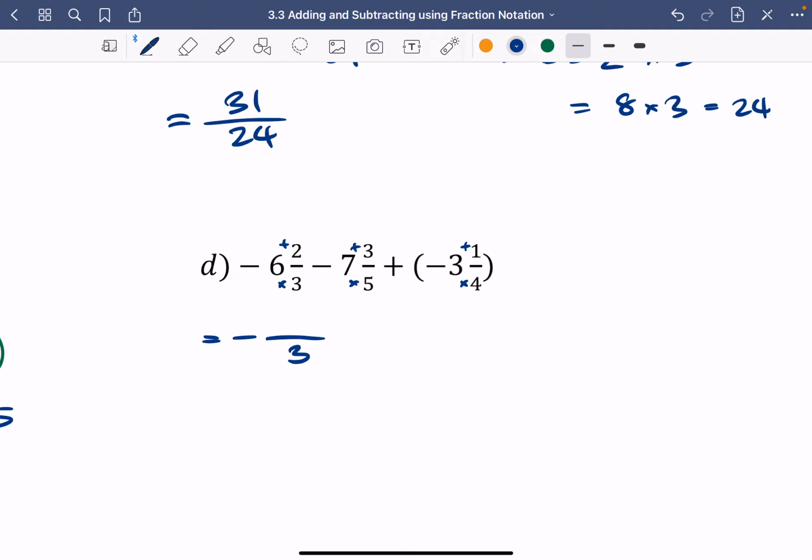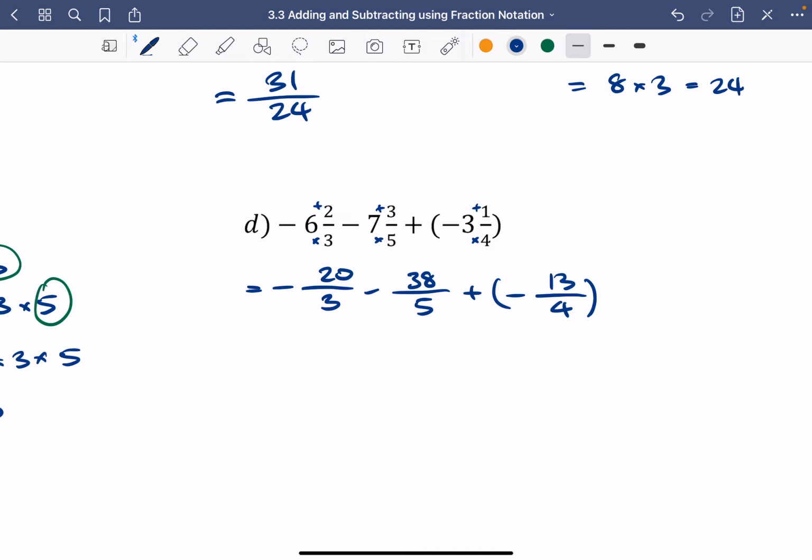So 3 times 6 plus 2, 18 plus 2 is 20, minus 5 times 7 is 35, plus 3 is 38, plus negative 4 times 3 is 12, plus 1 is 13.